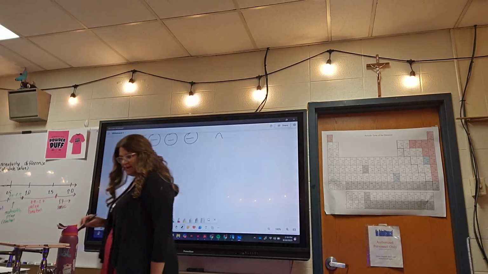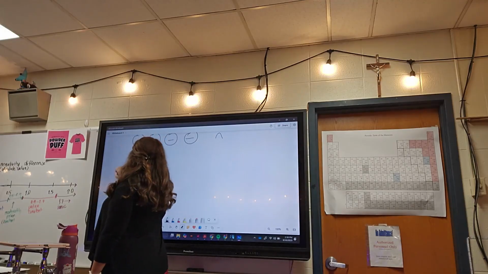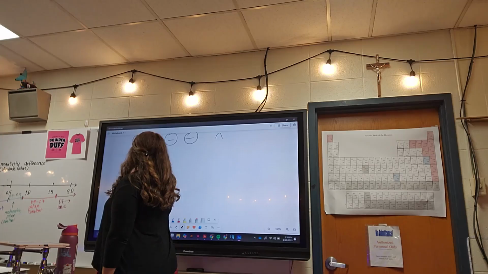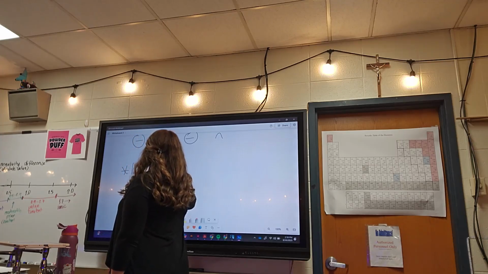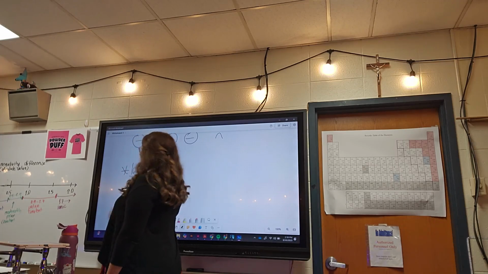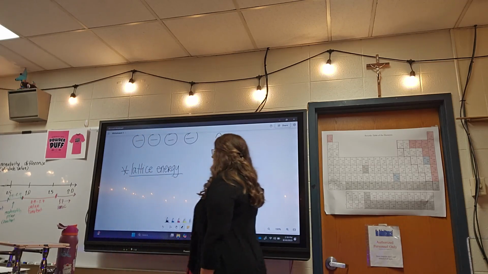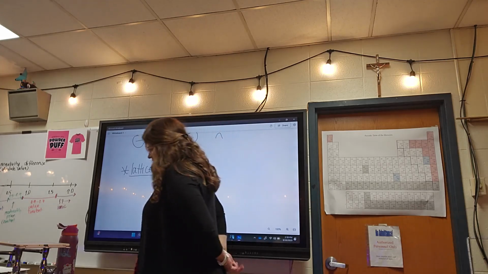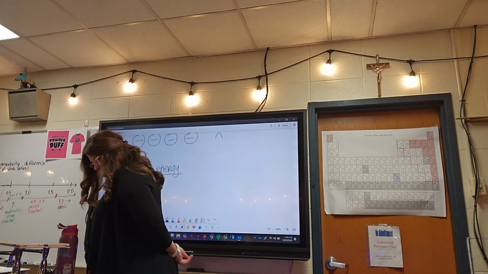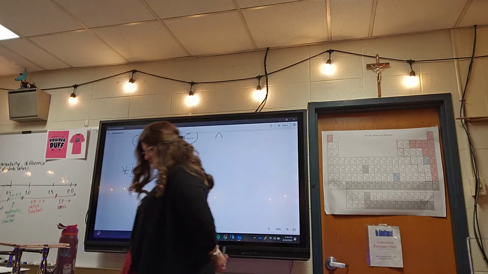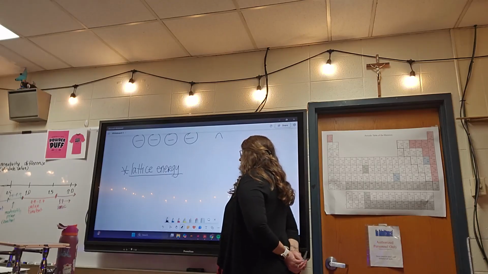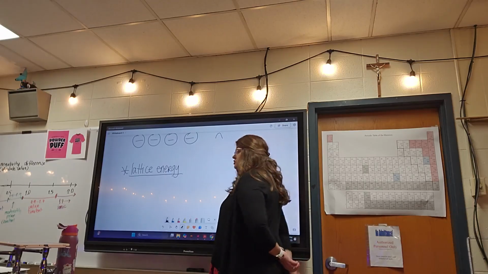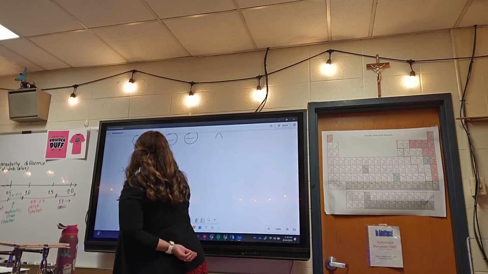The last thing I want to tell you in section 2.3 is this concept called lattice energy. To teach you what this is, I'm going to show you what Coulomb's law is.